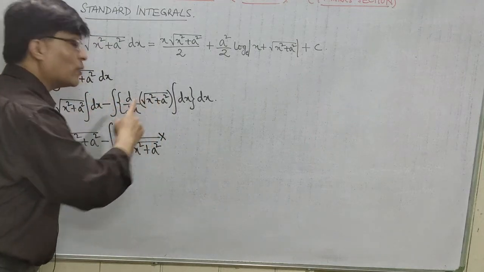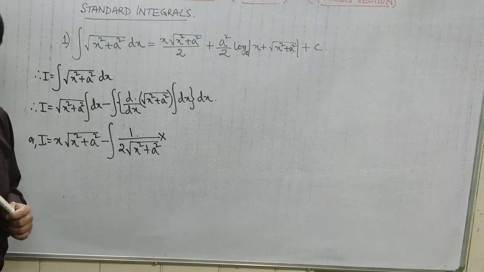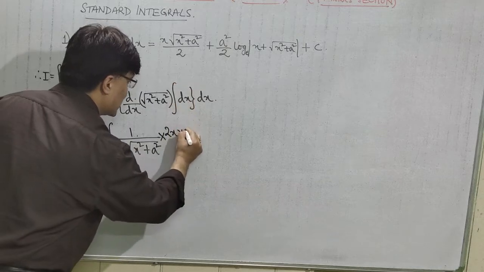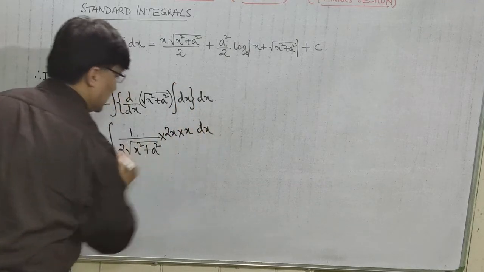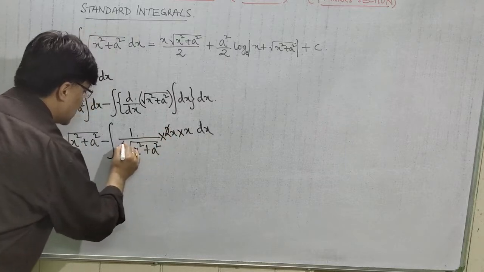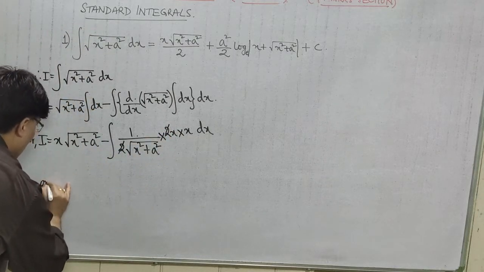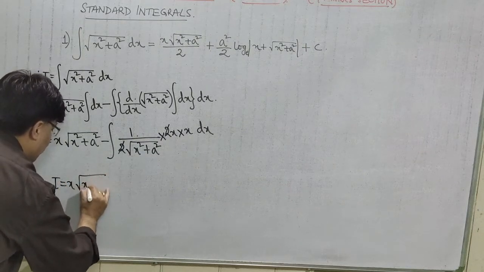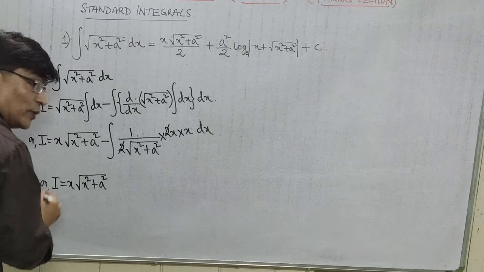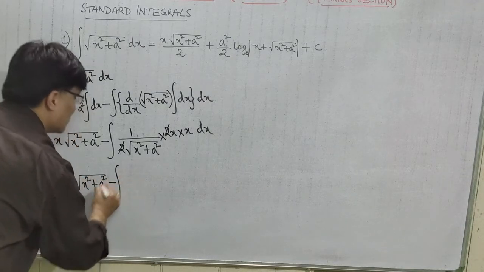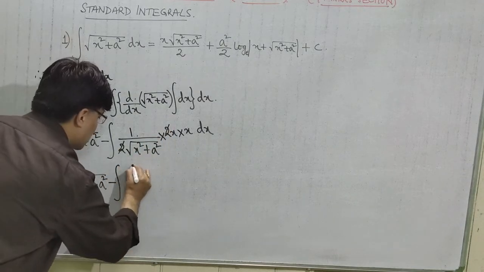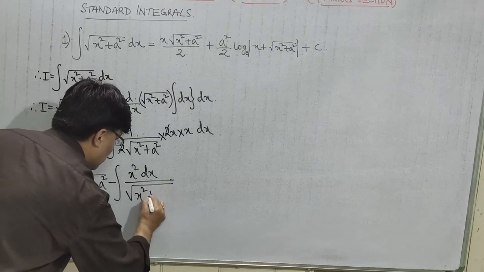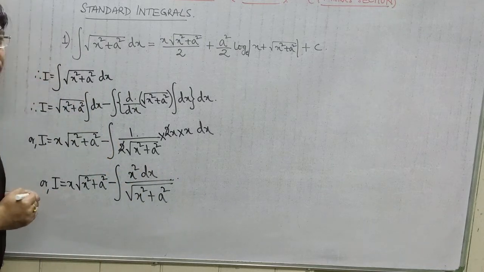In this case, x square plus a square is assumed as x. What is this differentiation? It is 2x, into integral sign dx, which is x, then dx. So here the 2 gets cancelled. Or I is equal to x root over x square plus a square minus integral sign x into x, which is x square, then dx divided by root over x square plus a square.